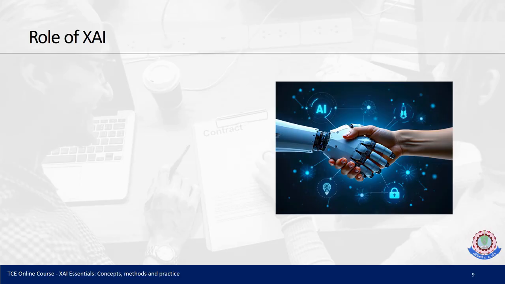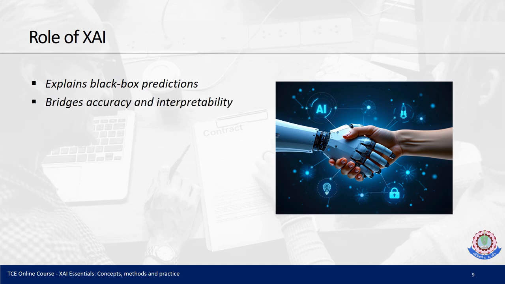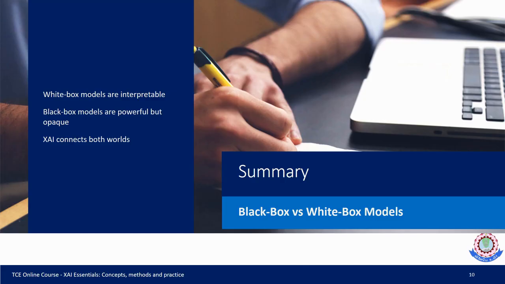This is where explainable AI becomes important. Explainable AI techniques help explain the predictions of black box models without changing their internal structure. They act as a bridge, allowing us to benefit from the power of black box models while still gaining meaningful explanations.